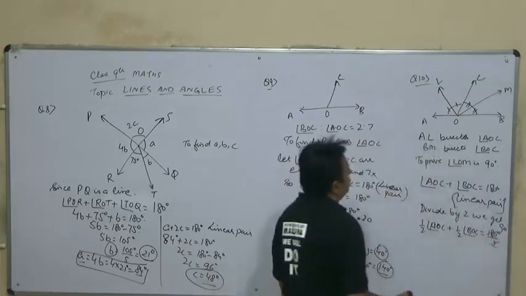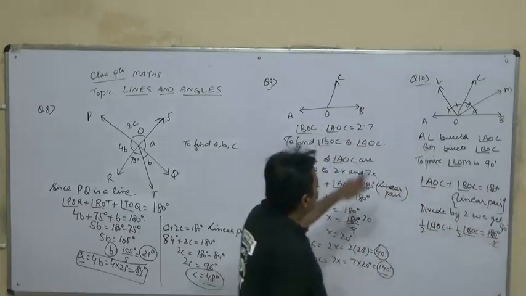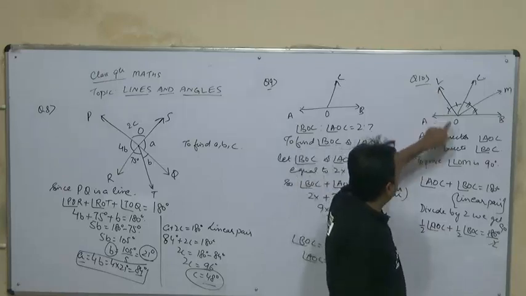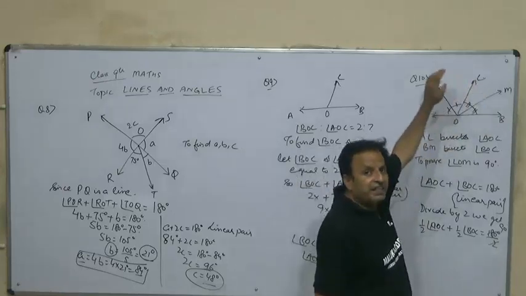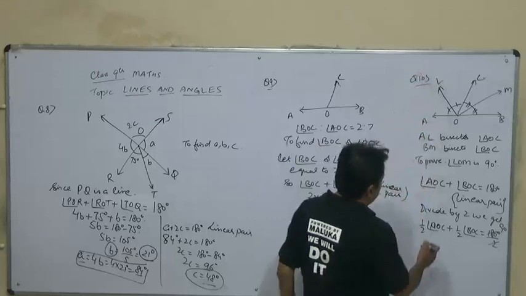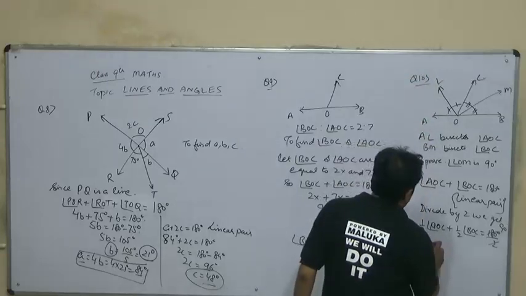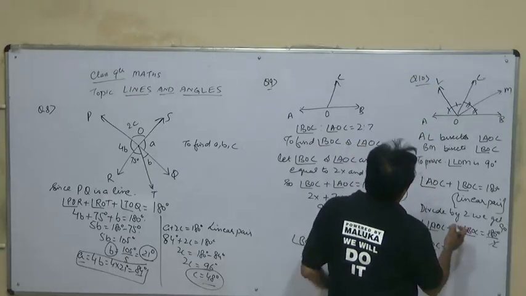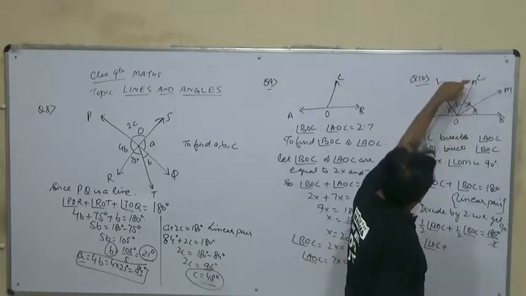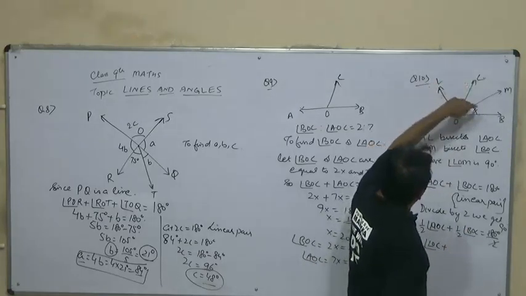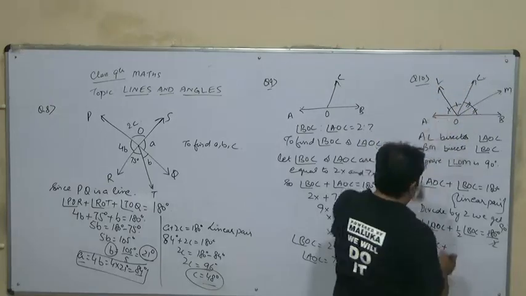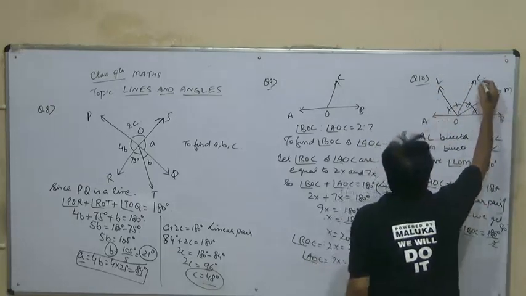What is half AOC? Half AOC is either AOL or LOC, we can take any part. So half AOC is LOC, we take. Half BOC is either LOM, COM or BOM. We take COM here.